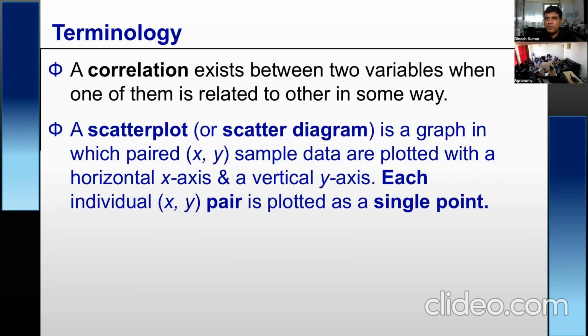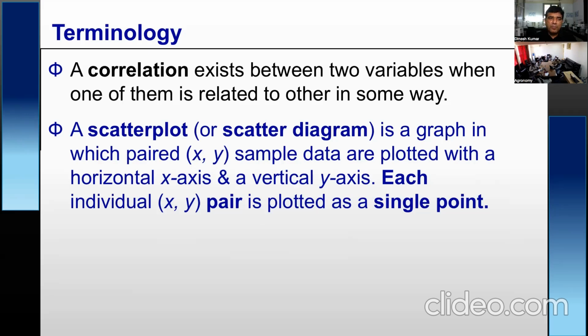Correlation exists between two variables when one of them is related to the other in some way. You know about the scatter plot: you have X values and you have Y values, so the data is in pairs. You can plot it on chart paper or graph paper and see the trend of the data.